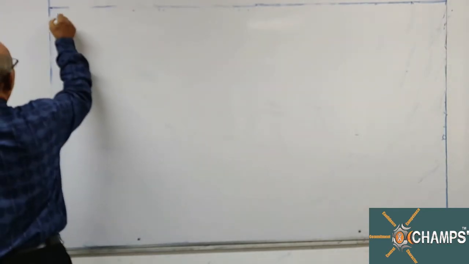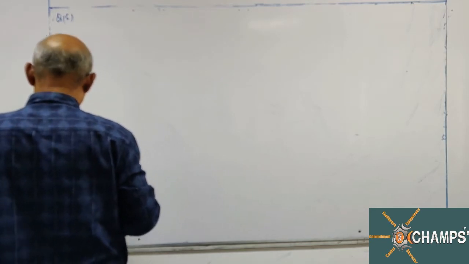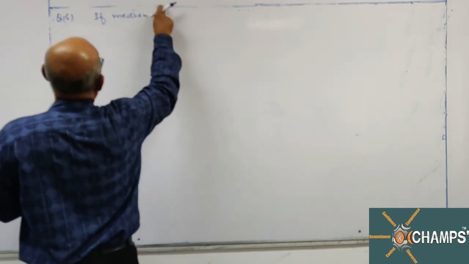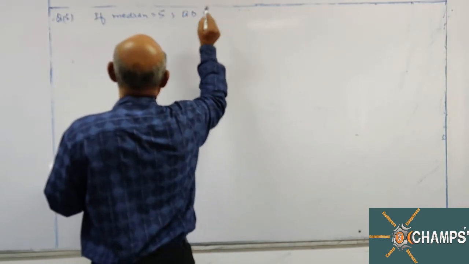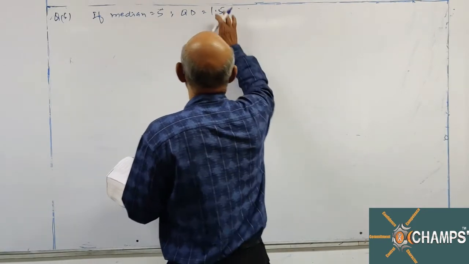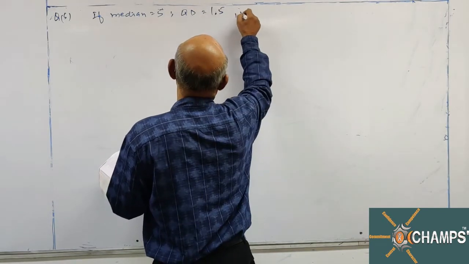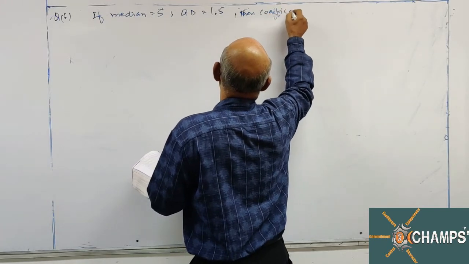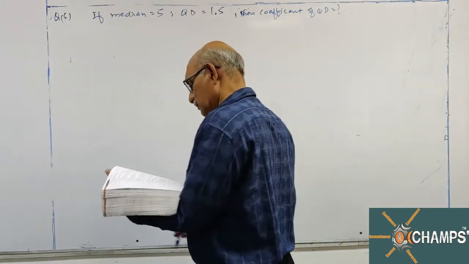Question number 5. If median is equal to 5, QD is equal to 1.5, then coefficient of QD is?